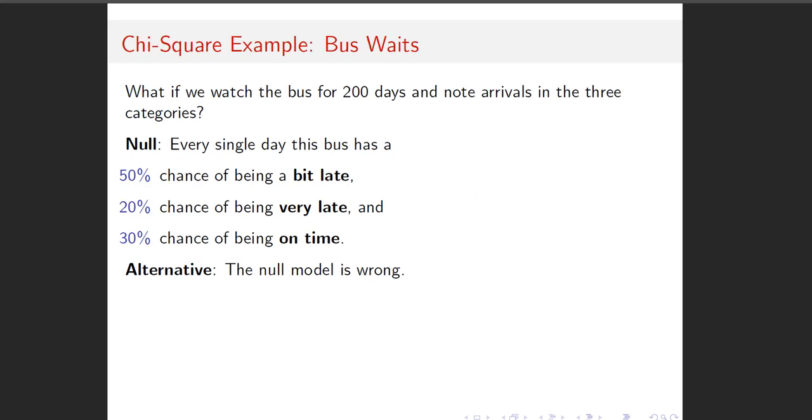And the next thing they do is they change the bus wait example. Why? Well, so we can use a chi-squared goodness of fit. And notice now that there are 3 different probabilities in this model. So chi-squared is appropriate. And our null hypothesis in a chi-squared goodness of fit is basically the probability model, right?